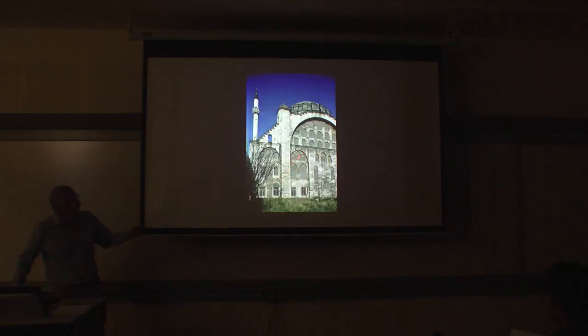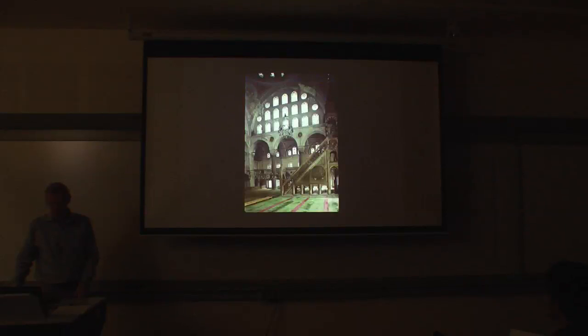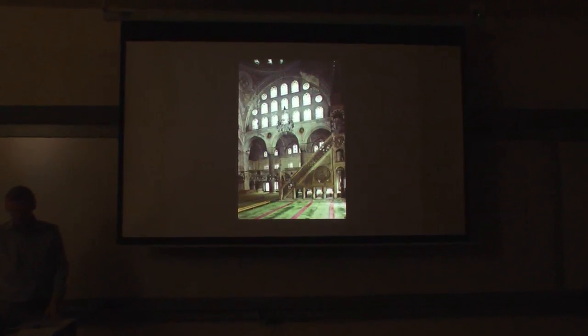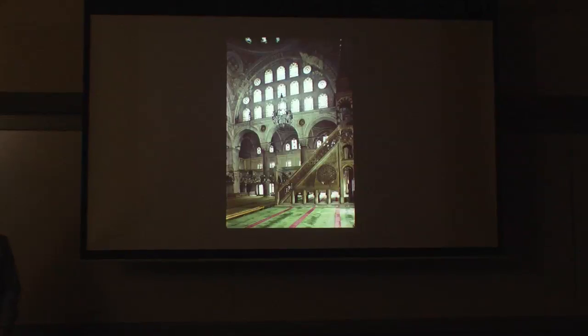And again, you can see by means of having large buttresses in some small areas, he's been able to open up the wall of the mosque with as many windows as possible. And that's particularly noticeable in this view from the side. Another superb example of a carved stone minbar, as we had in the Shahzada Mosque.